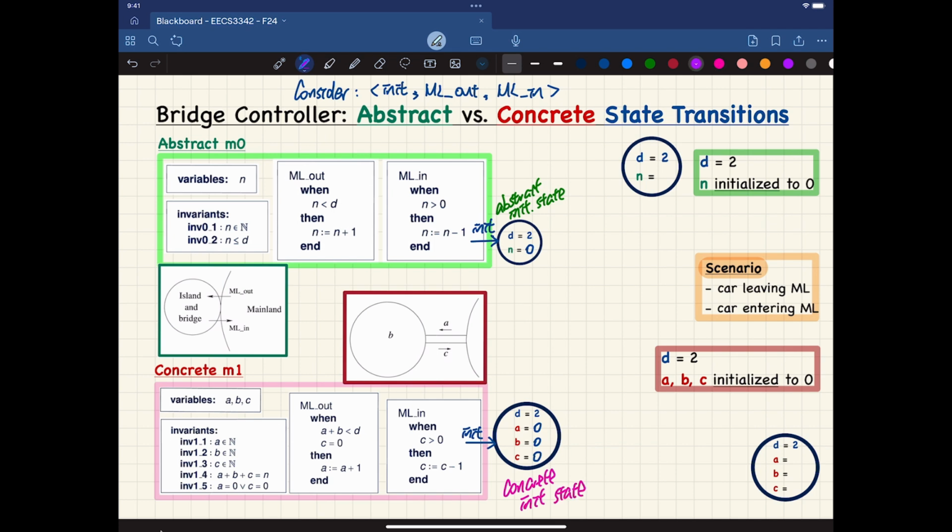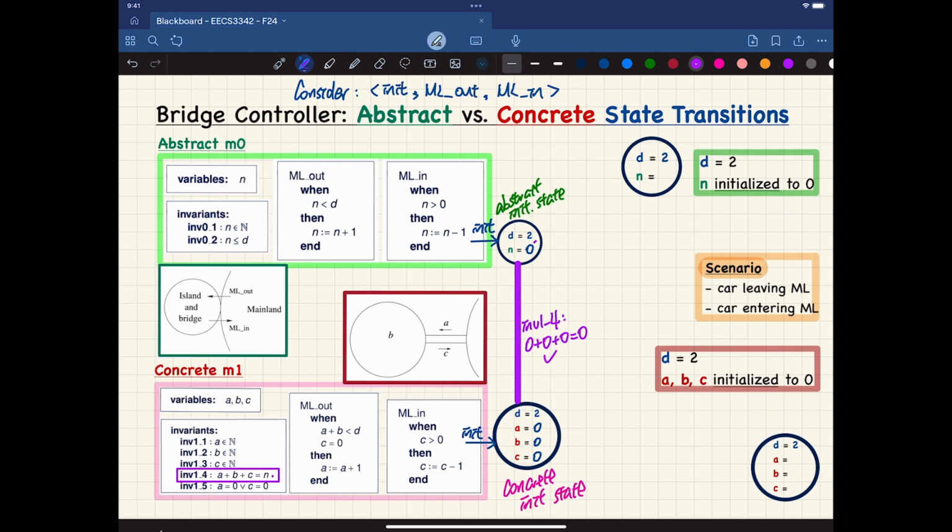The way to link them together, you look at the linking invariant over here, which is A plus B plus C equals n. If you try to do that here, you want to check invariant 1, 4. Now you got A plus B plus C, 0 plus 0 plus 0, equals n, which is 0. Check. That means we have consistent abstract and concrete states after the initialization.